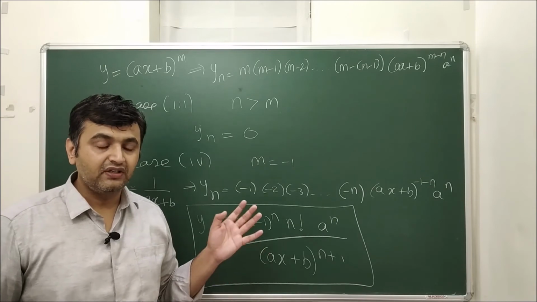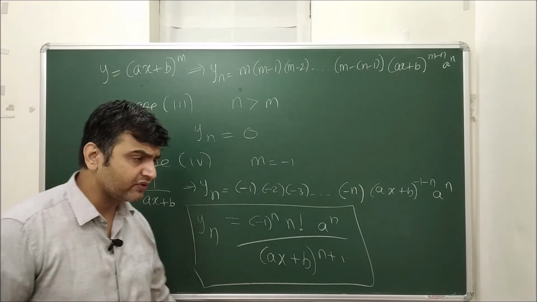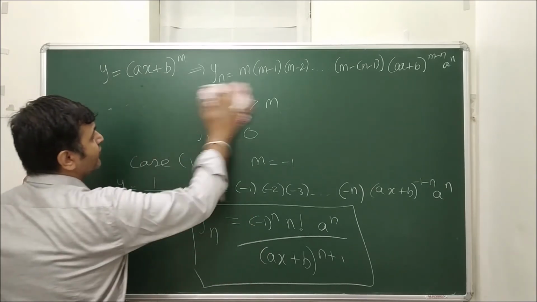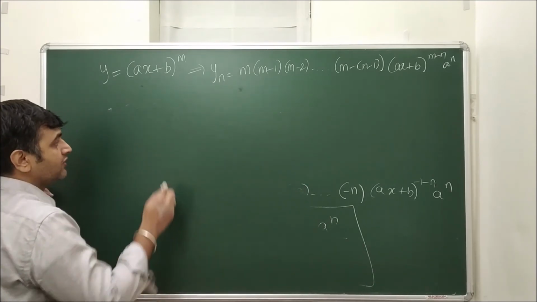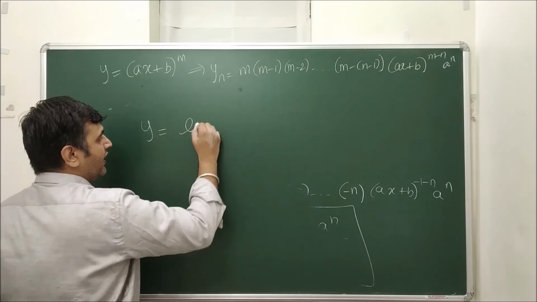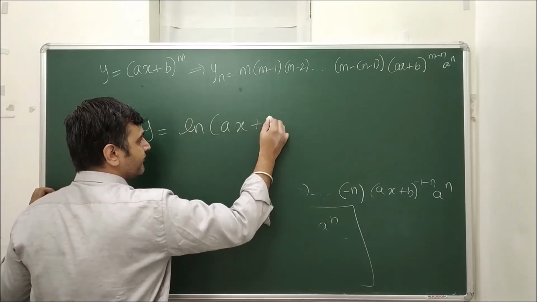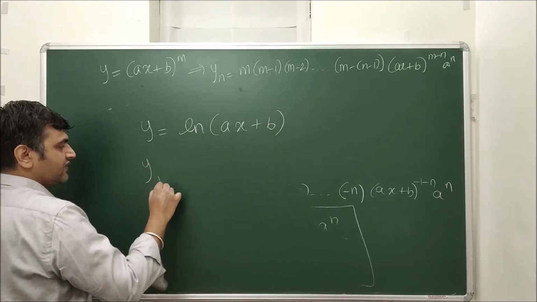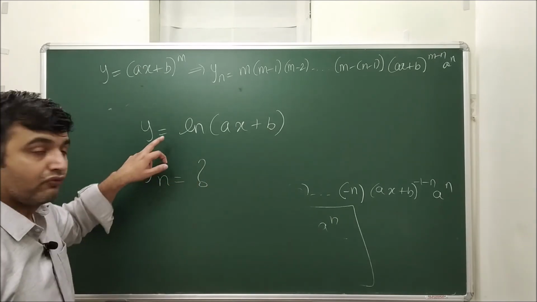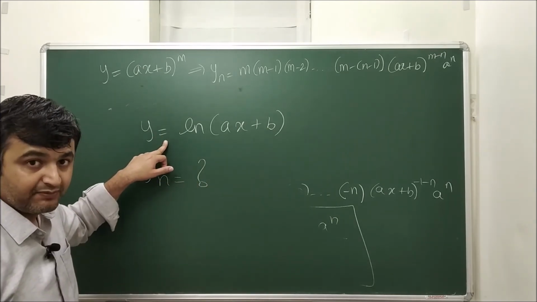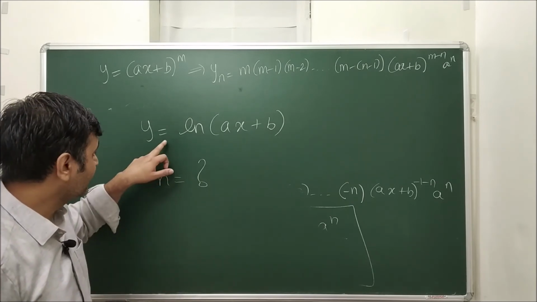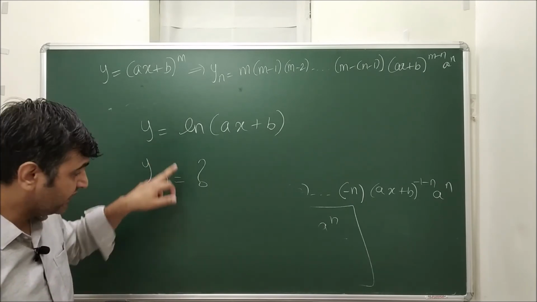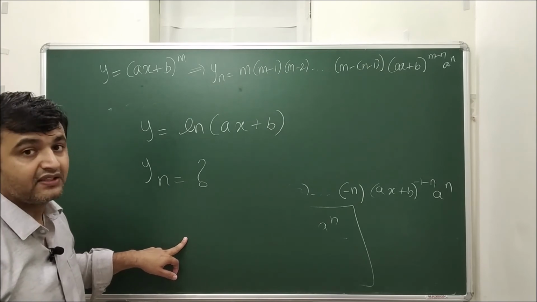Okay, now let's go for one last example. Even before that, I will give you this as a homework problem. Suppose I give you y equal to ln of ax plus b, then you have to tell me what the nth derivative is. So what is the derivative of y? It is 1 upon ax plus b, but that is nothing but the m equal to minus 1 case.